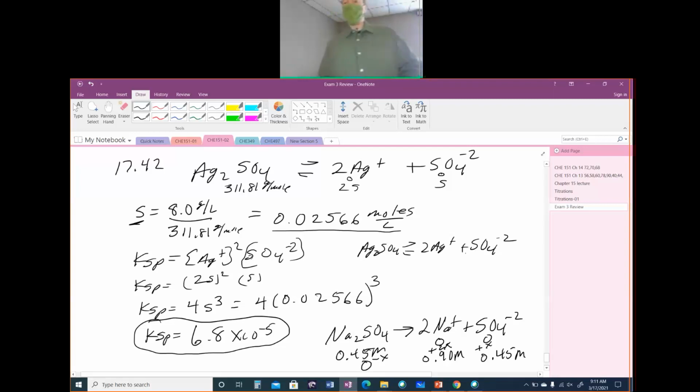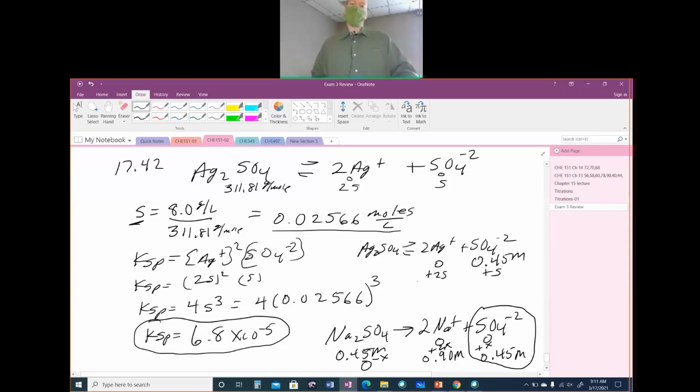And so now we have an initial concentration of the sulfate. It is not 0. It is 0.45 molar from your sodium sulfate. And so we didn't add any silver, but we do have an initial concentration of our sulfate. So this is still a 0, so you have to go to the right, and so plus 2S, plus S.